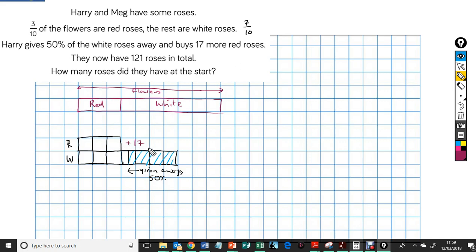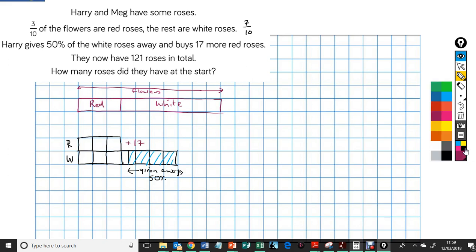I could just write it like that. I don't need to draw a block, and if I did draw a block, I'd have to keep in mind that each of these blocks represents an equal size part, and that whatever I drew there was not in the same scale as this. I'm just going to leave that as add 17.